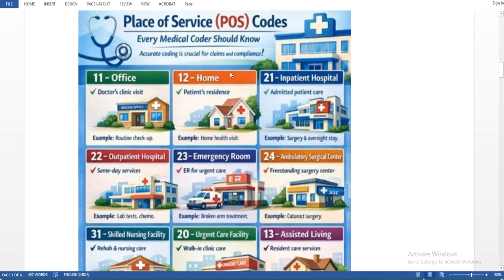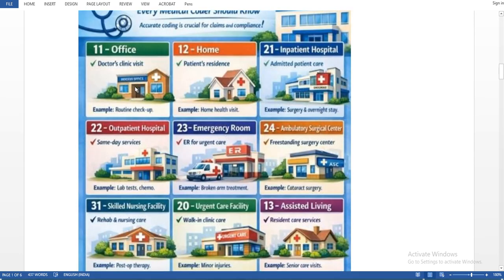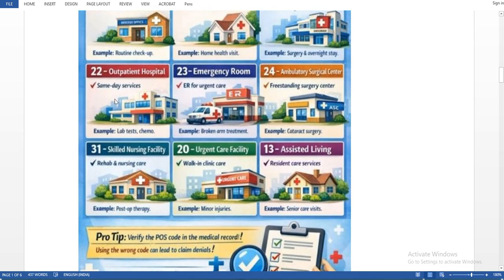So these are the common place of service codes. 11 is for office, for example routine checkups. 12 is for home, for example home health visit. 21 is for inpatient hospital, where the patient will be admitted and get treatment, for example surgery and overnight stay. Next one is outpatient hospital, 22, for example lab tests or chemotherapies. Next one is 23, emergency room.